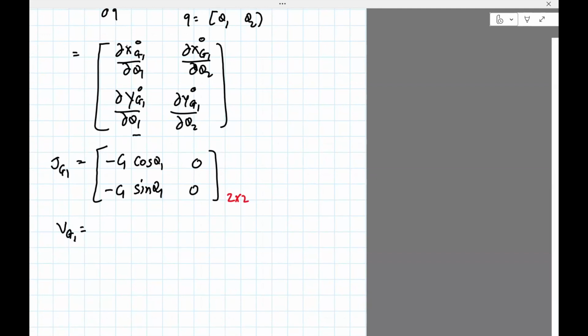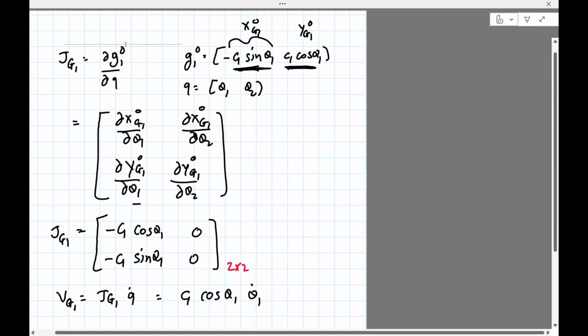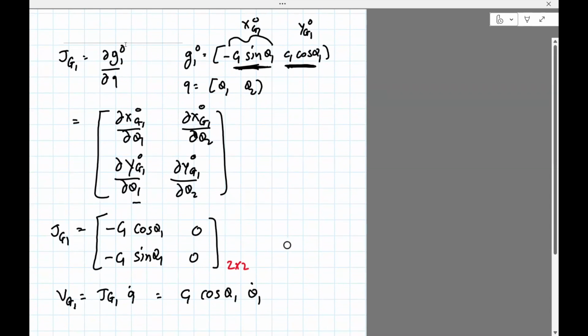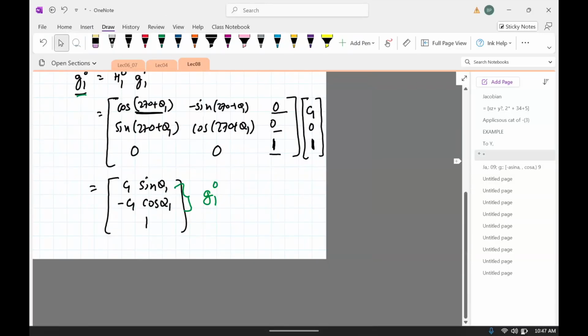So velocity of G1 is JG1 q dot. I'm just going to write the final expression, but you can put the value of q dot, which is theta 1 dot, theta 2 dot. I think I made a mistake here. Hold on.